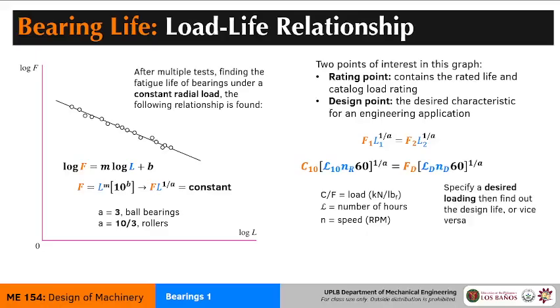It's possible that you already have a loading in mind and you just want to find out, okay, how long will my bearing last if I pick this kind of bearing? It can also be the reverse. You know how long you want your bearing to last, so how much load can you apply to the bearing, given that you're buying a particular bearing model that has this catalog rating and this long of a rated life.